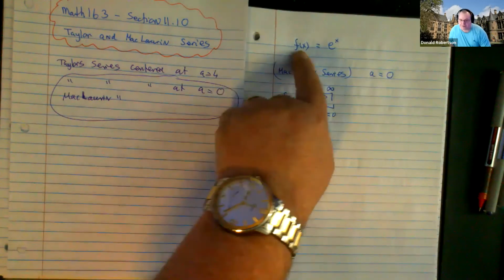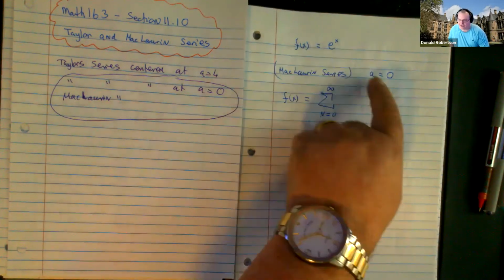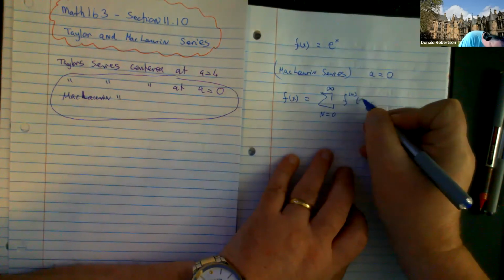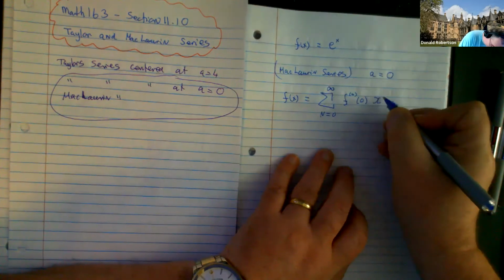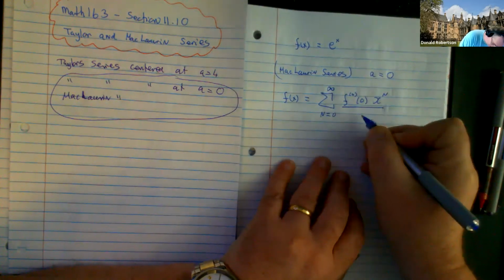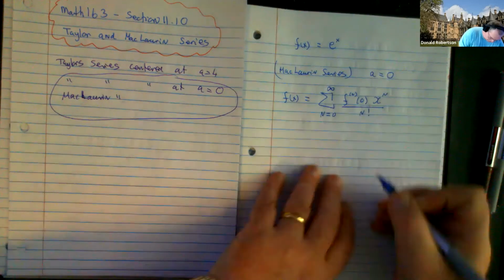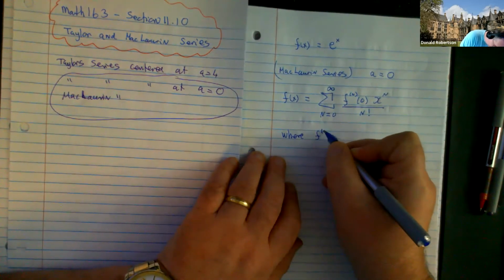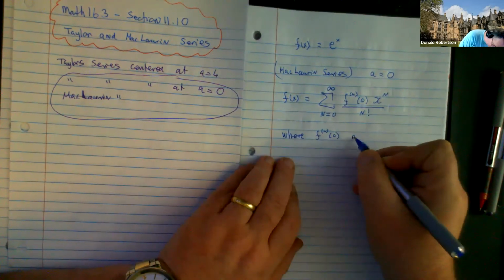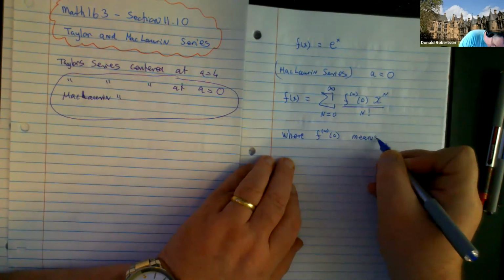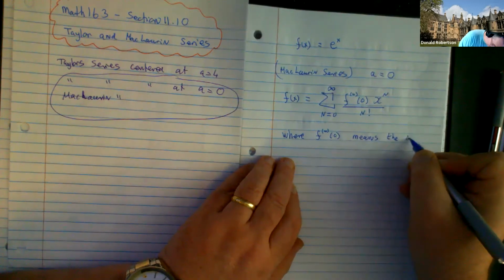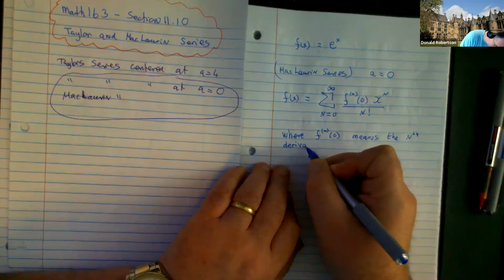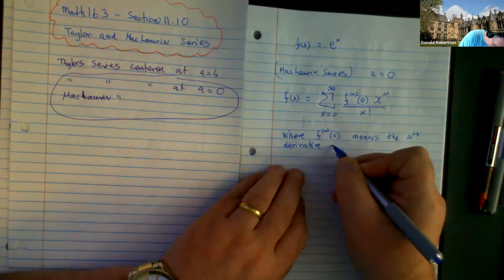The power series of any function f of x centered at 0 is the sum of f^(n)(0) x to the power of n over n factorial, where f^(n)(0) means the nth derivative evaluated at 0.